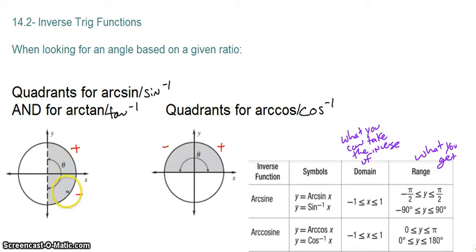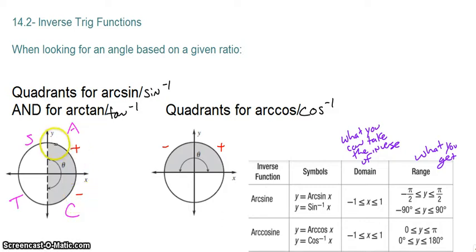Reason being, we can get values that are both positive and negative, and in order to get a positive value for sine and tangent, first quadrant's good, and then in order to get a negative value, that would be in the fourth quadrant, because if we're looking at our ASTC idea, only cosine functions are negative here.